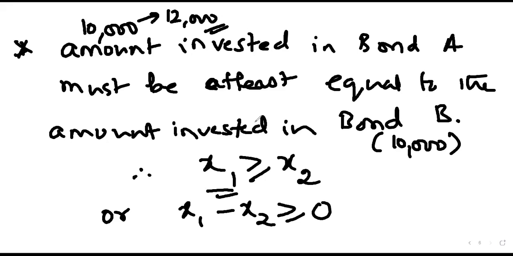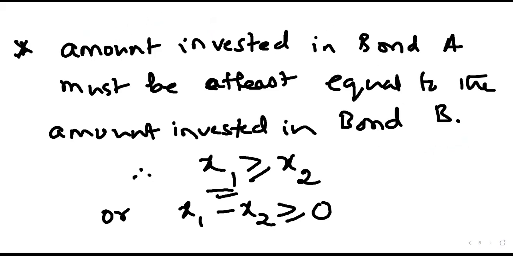It is a minimum criterion. So the investor has to see that he has an amount which crosses the total he has invested in bond B. Correct? So that is basically the meaning. Okay, so I hope I have cleared this doubt.